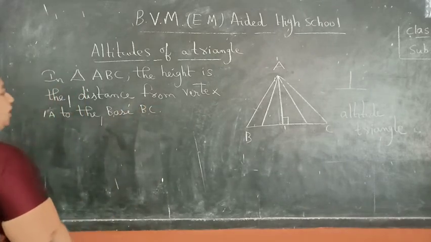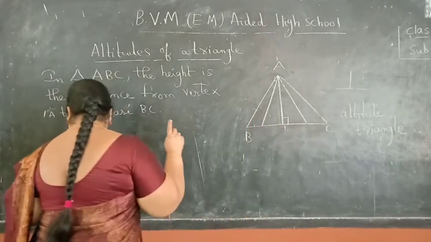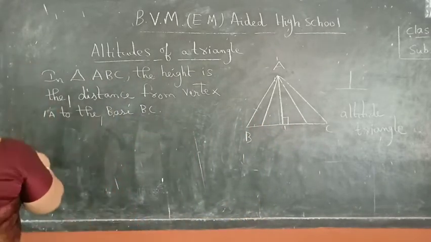Here so many line segments are there. Out of these, which represents the correct height?